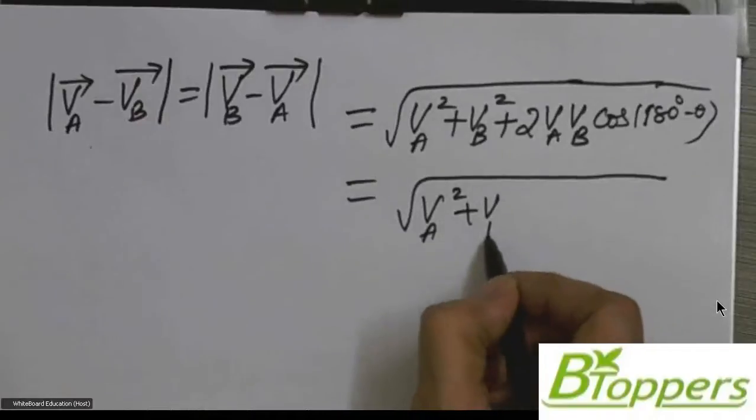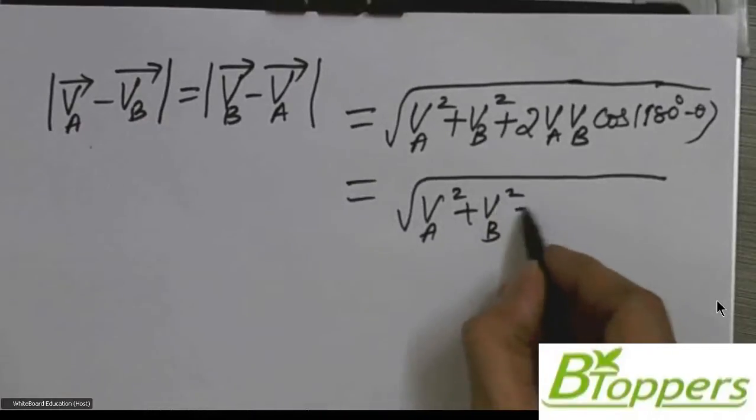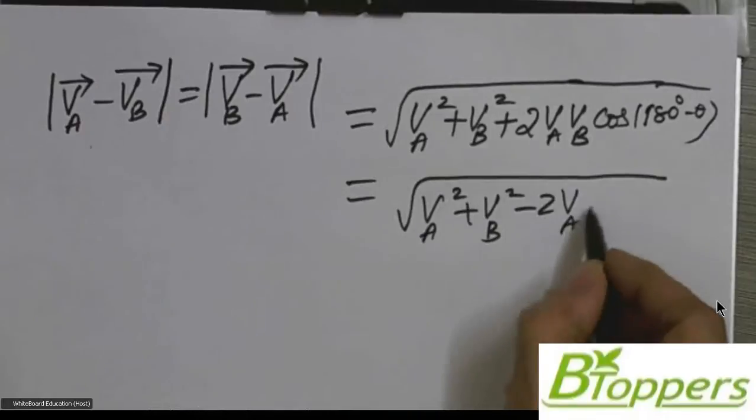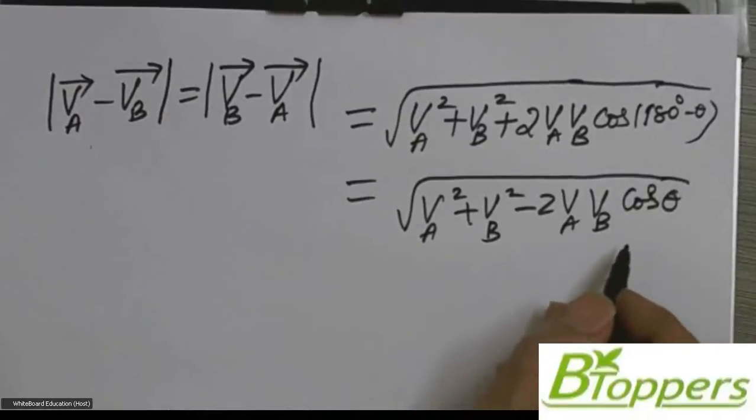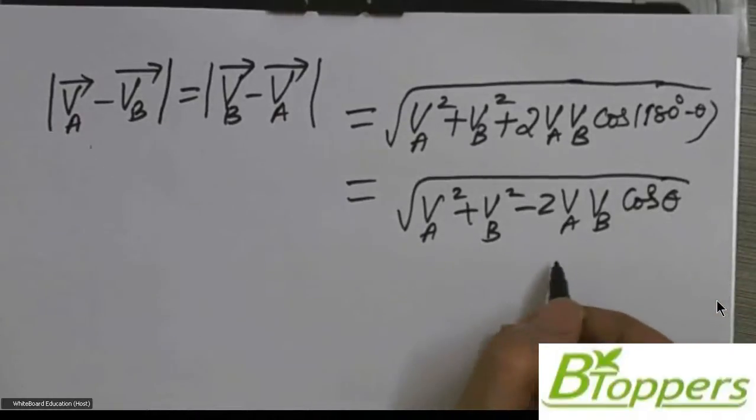Or you can write as under root of VA square plus VB square minus 2VA VB cos theta. So in this equation, theta is the angle between the two velocity vectors VA bar and VB bar.